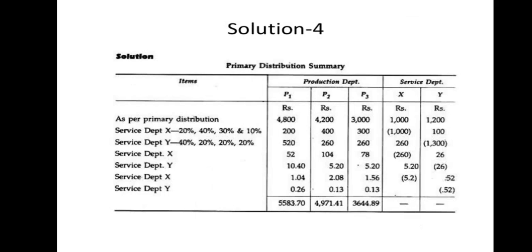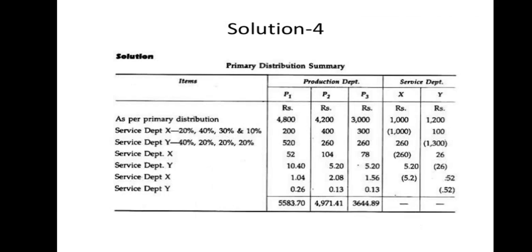Now the total of production department 1 is 5,583.70. Production department 2 is 4,971.41 paisa. Production department 3 is 3,444.89.